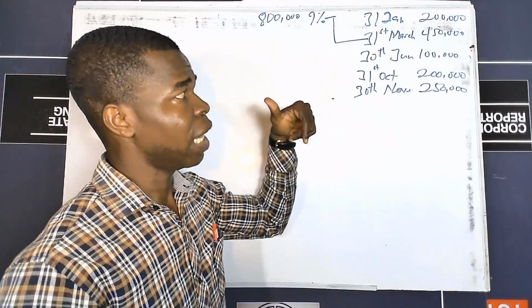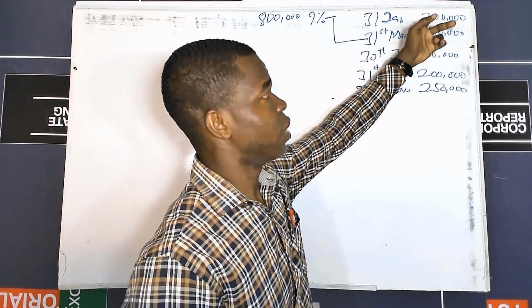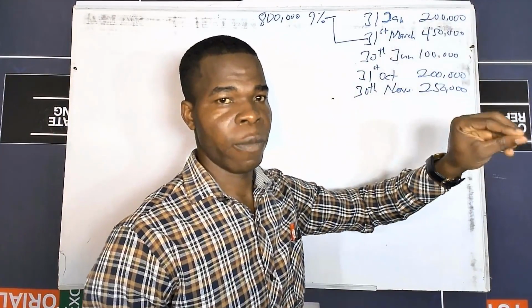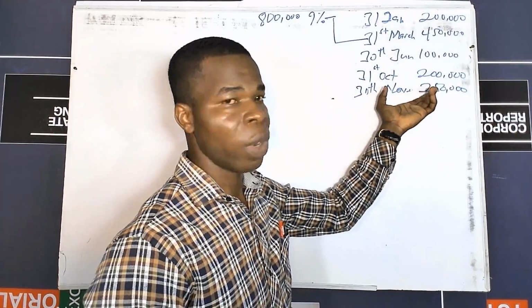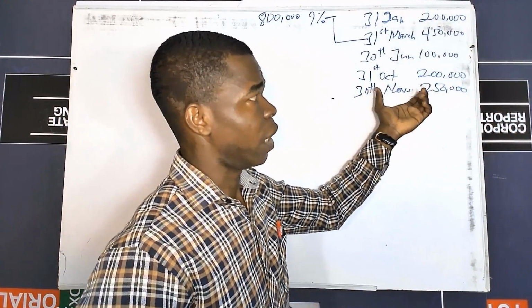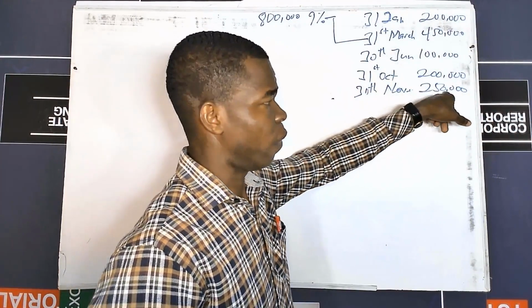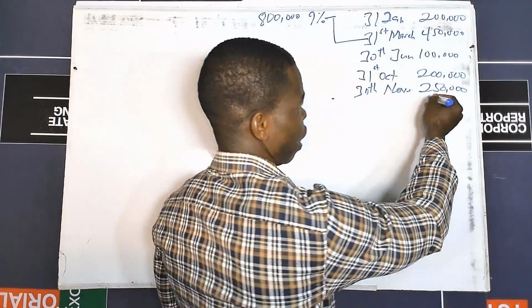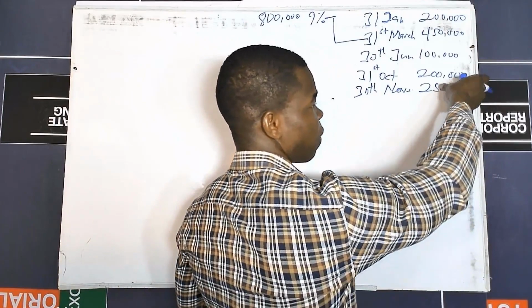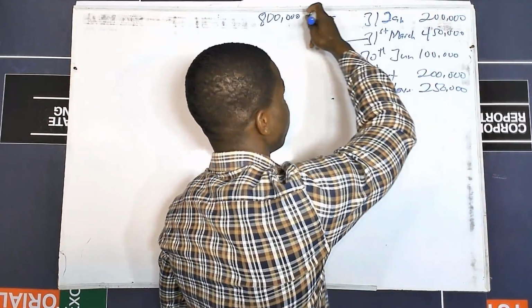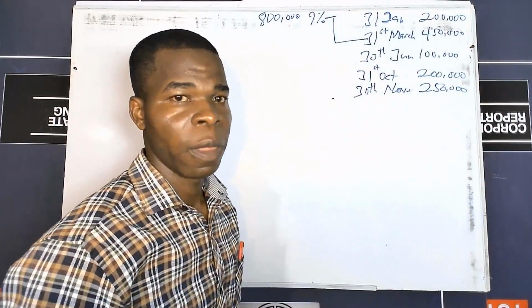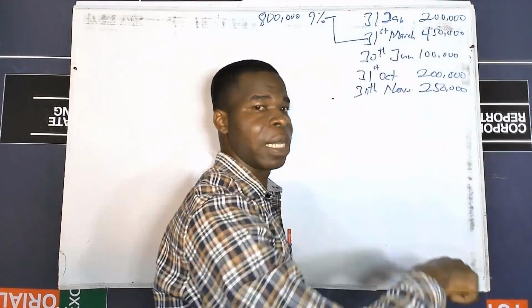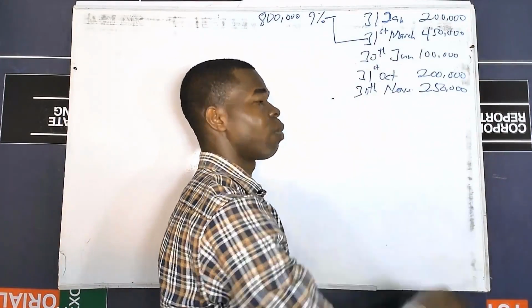We were told earlier that this cost was financed from the general pool of loans, and this 200,000 was also financed from the general pool of loans. Look at this one: we were told 200,000, but here we have 250,000. That means 50,000 could probably be financed from the specific loan, and the remaining 200,000, they are telling us again, was financed from the general pool of loans.